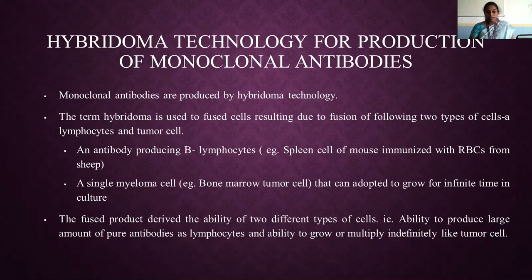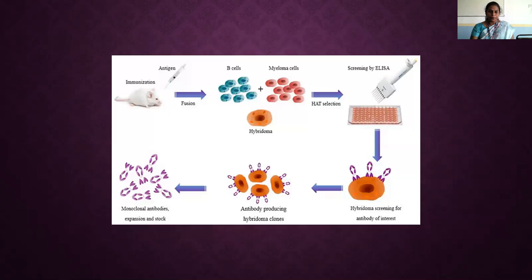The fused product has the ability to produce large amounts of pure antibodies like lymphocytes and the ability to multiply indefinitely like a tumor cell, and is called the hybridoma cell.